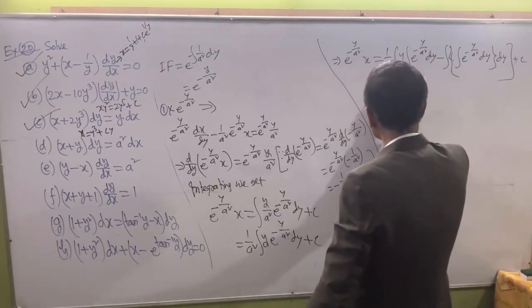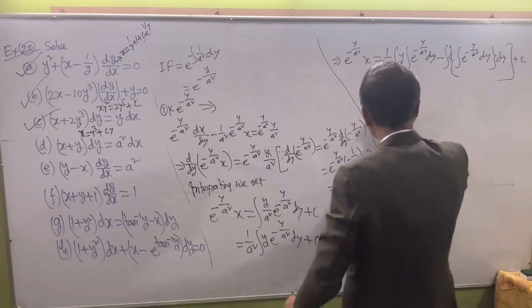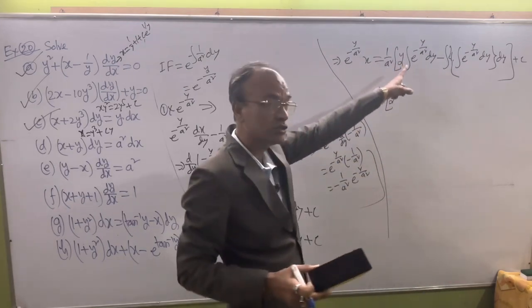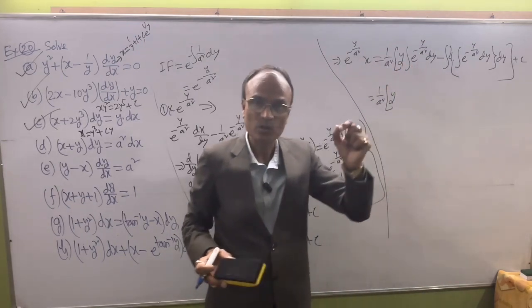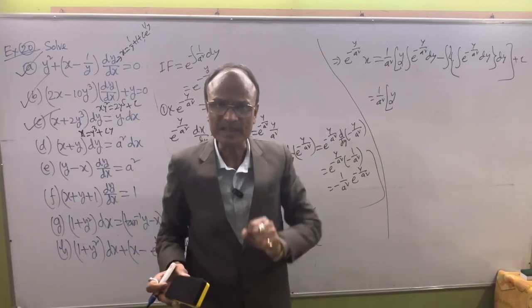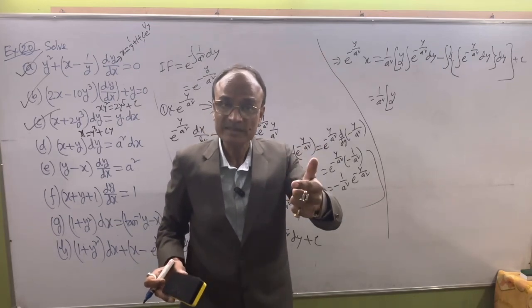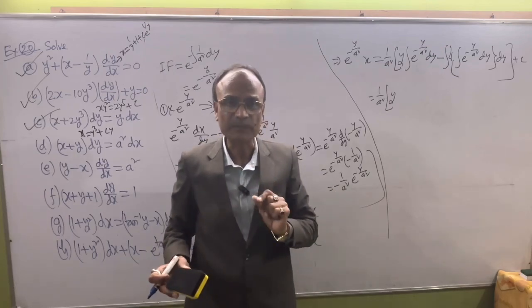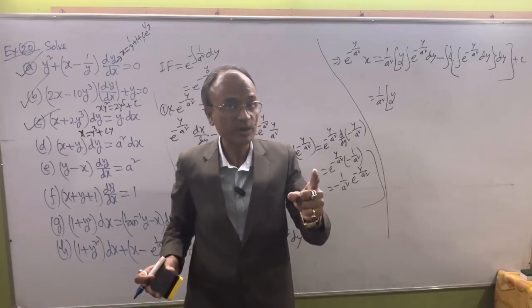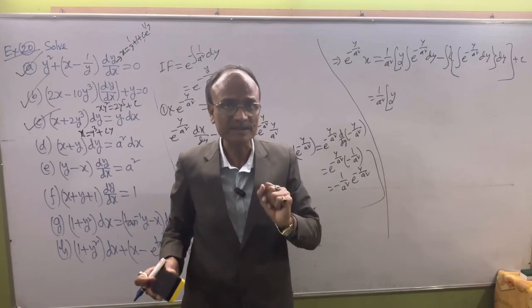This is equal to 1 by a square y e to the power mx. What is the integration of e to the power mx? Integration is e to the power mx divided by m. And the differentiation of e to the power mx is m into e to the power mx.